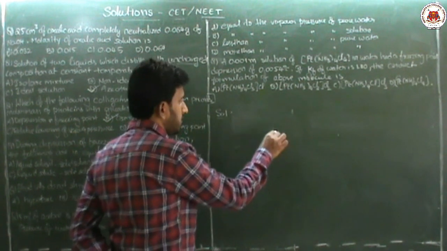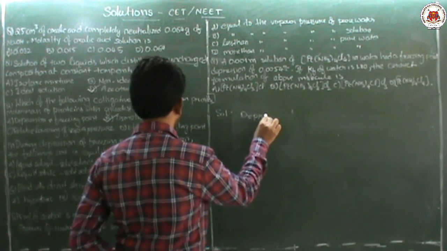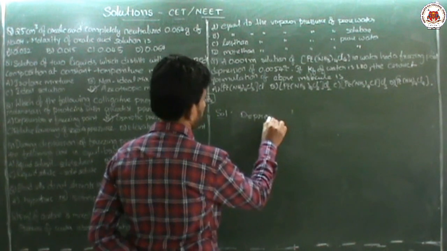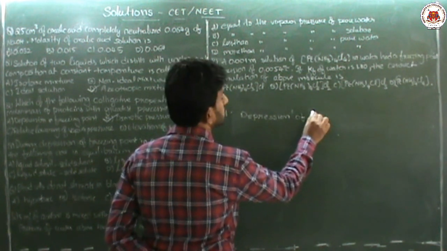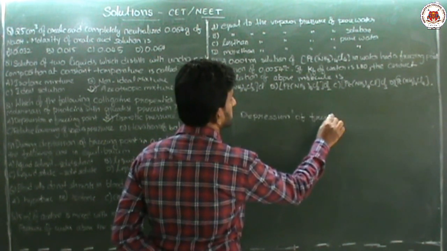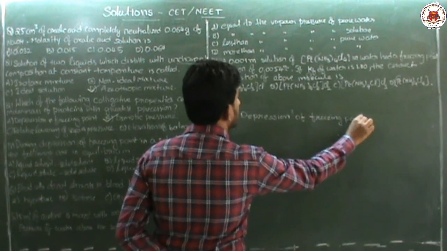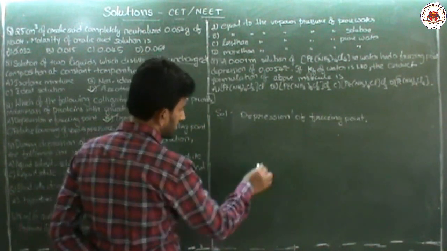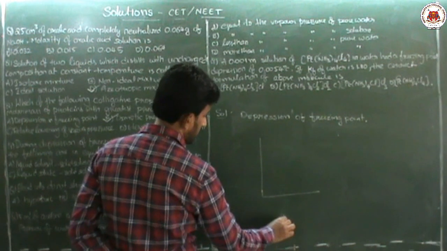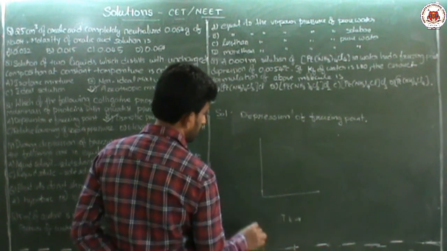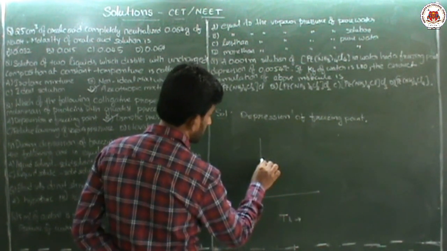If you remember the graph for depression of freezing point, if you observe the graph, you will take temperature in kelvins like this, and like this you will get the graph.